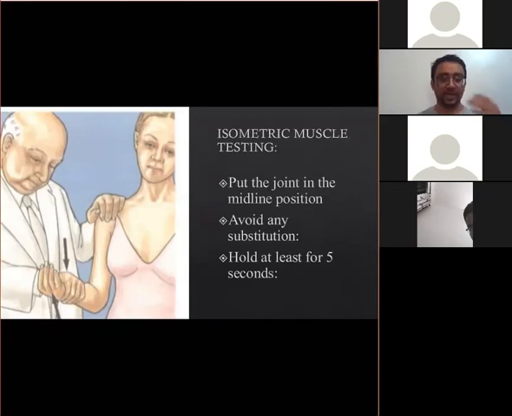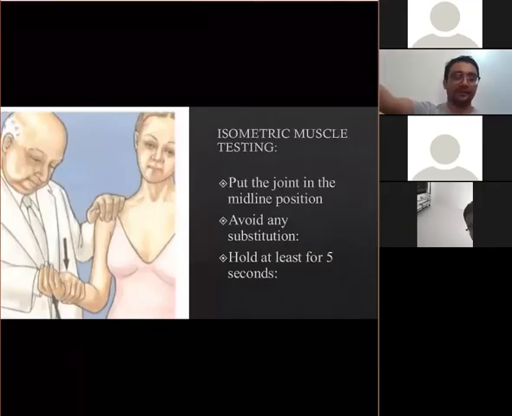In resisted isometric muscle testing, we put the joint in a midline position. We don't hold the joint either fully stretched or fully flexed. We hold it in the midline position and there is a reason for it. I will tell you why.